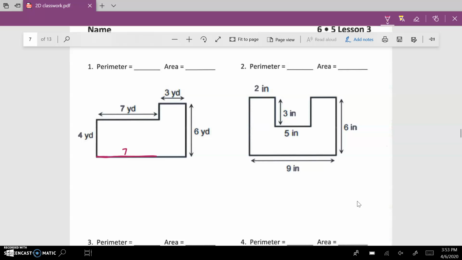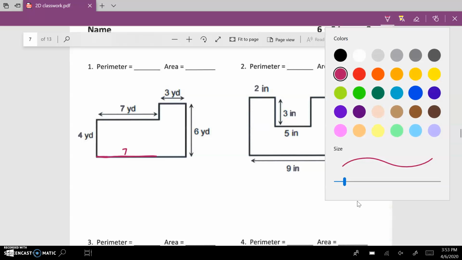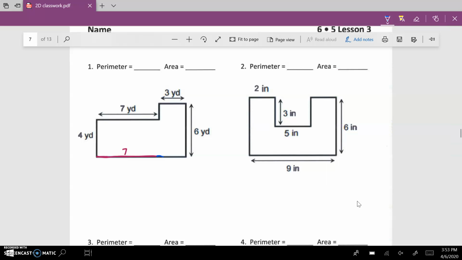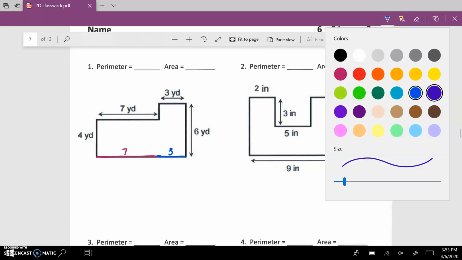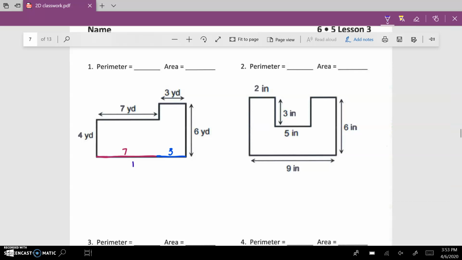And then at the bottom, from about where we left off to the end would be 3 according to the top of the rectangle where it says 3. So that means in total 7 plus 3 would give us 10 yards going all the way across.